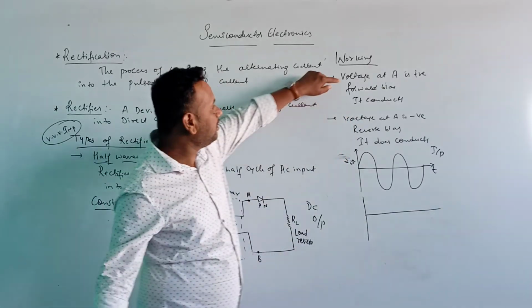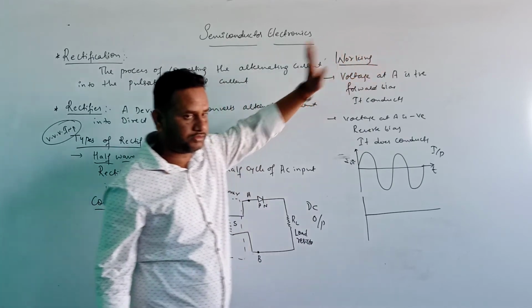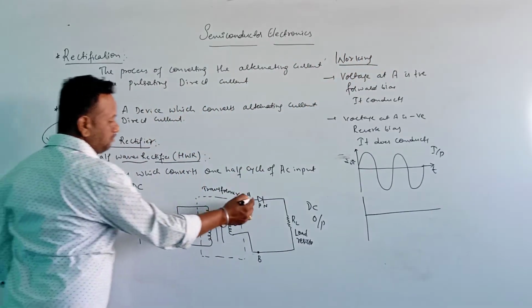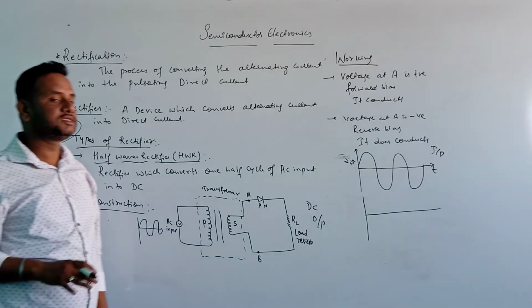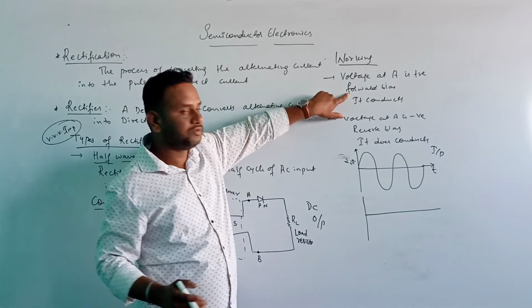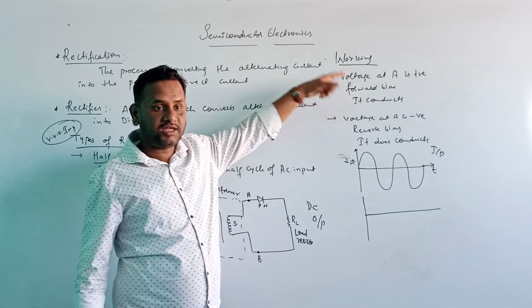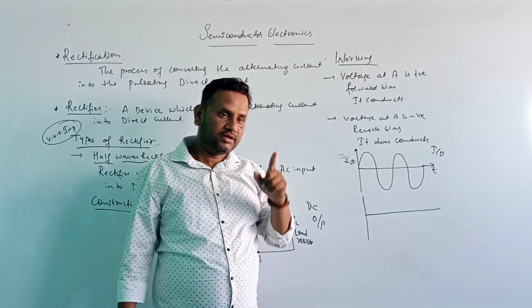Now when the voltage at A is positive, that means when this P region is connected to the positive terminal and N is connected to the negative terminal, it becomes forward bias. There it conducts. We have seen in the graph from yesterday's class.